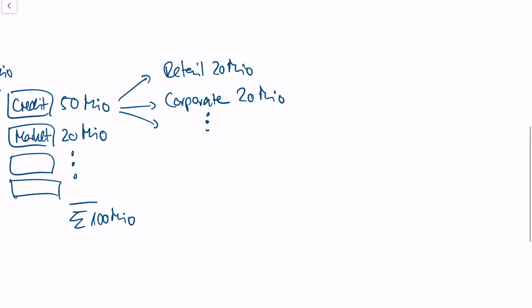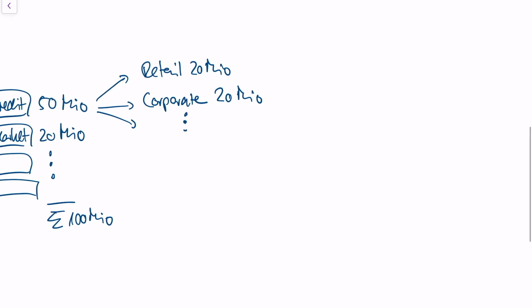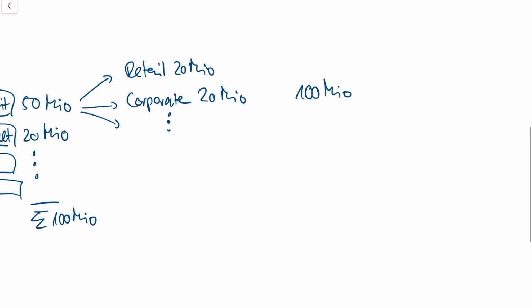Right? Let's quickly think about why this makes sense. So if, for instance, your corporate department says, I want to give a loan to a big company, right? And this loan is 100 million euros, and the company has a certain risk of default or not paying back the loan, right? Then, as I've explained in my video on credit risk, you can calculate risk-weighted assets for this loan, maybe 2 million euros.